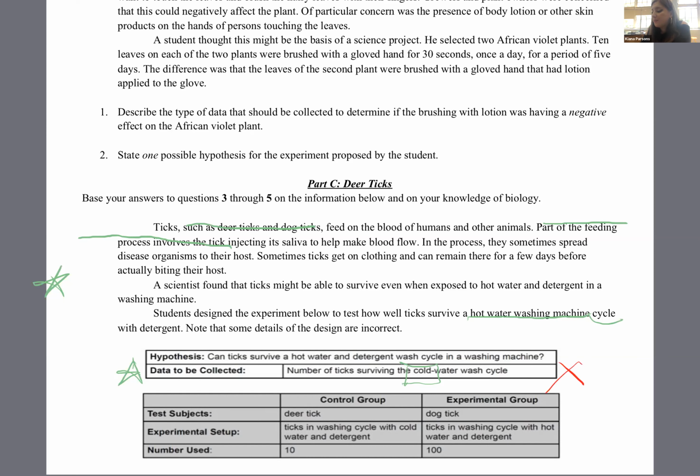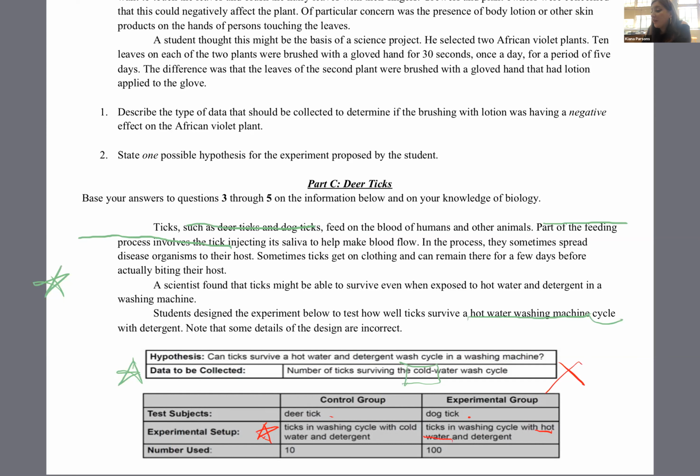No. The test subjects, deer ticks versus dog ticks, right there, that's not going to be good, right? Our experimental group and our control group need to be the same type of organism. The only thing that should be changed between the control group and the experimental group is the experimental condition. In this case, the control group is getting washed with cold water and detergent, which is fine if the thing that's being tested is hot water.